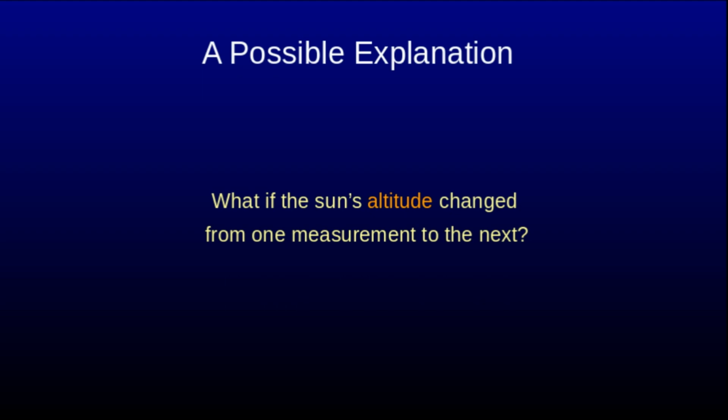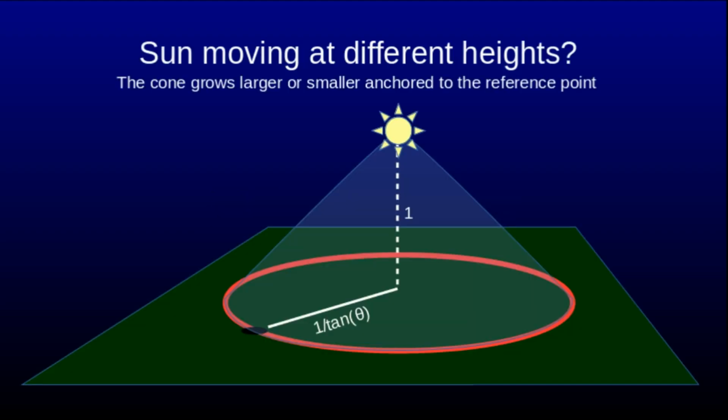So we may have to adjust that to accommodate any changes in altitude of the sun. Let's look at what happens when the sun is moving at different heights. In this figure, the sun is 1 map unit away from the surface of the map. And the radius of the circle of sun rays is 1 divided by the tangent of theta map units.